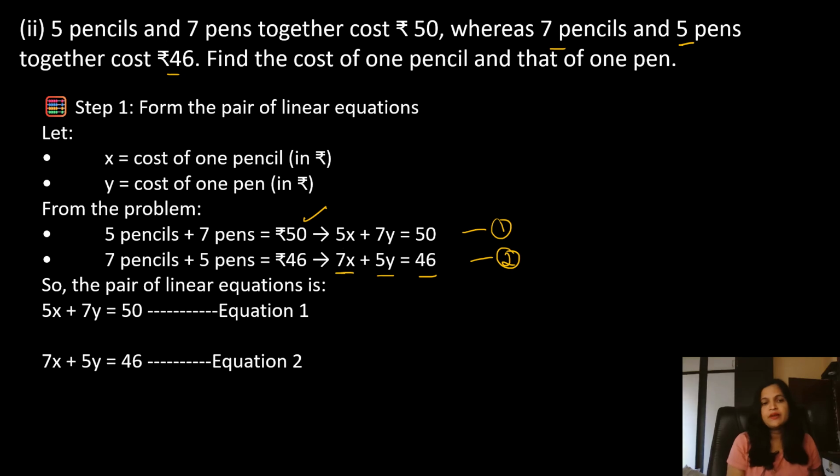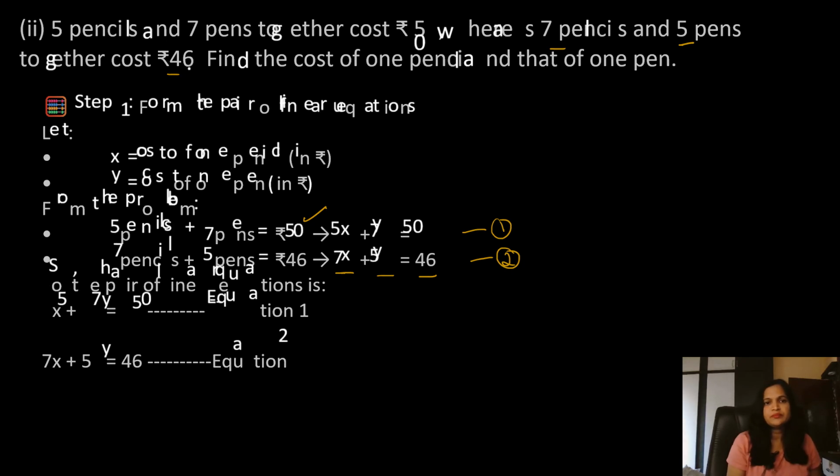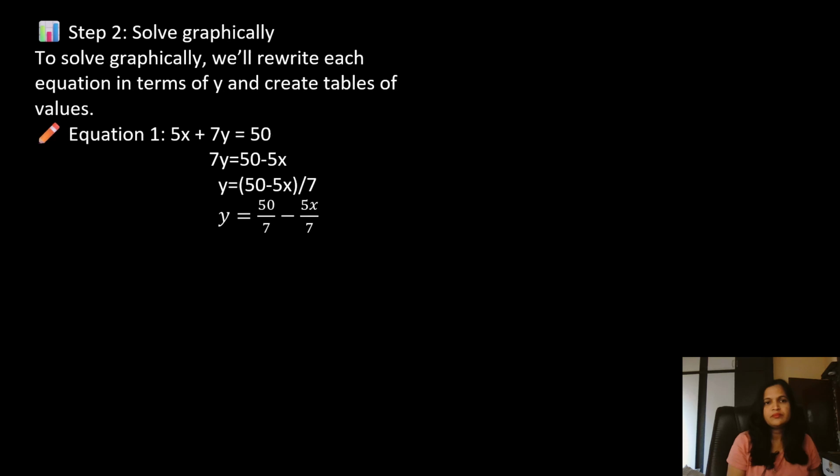But to draw the graph, you should go for the next step. To solve graphically, it should be in the form of y equals. So the first equation is 5x plus 7y is equal to 50. 7y equals, if 5x comes to the right side, the plus sign becomes a minus sign.